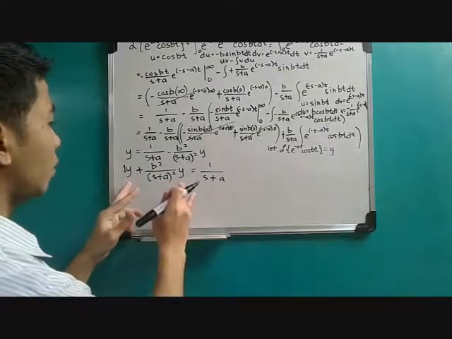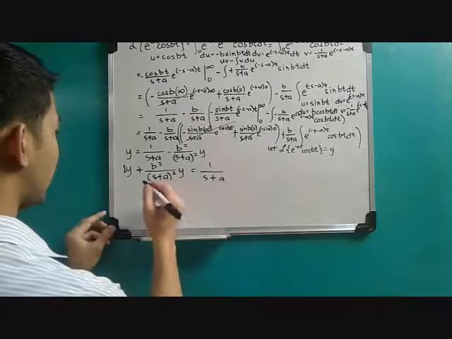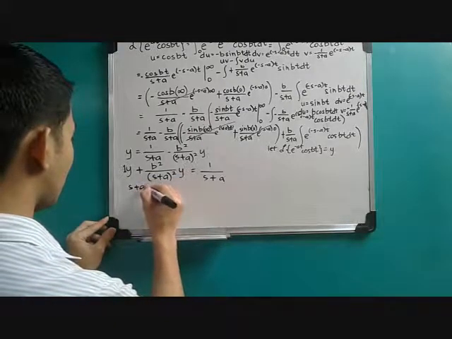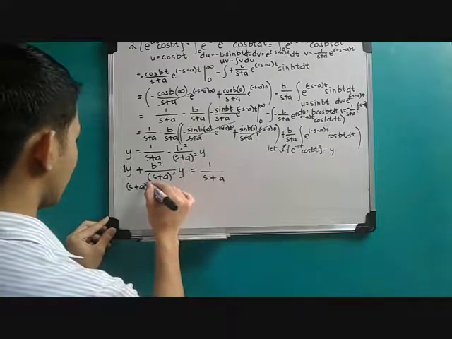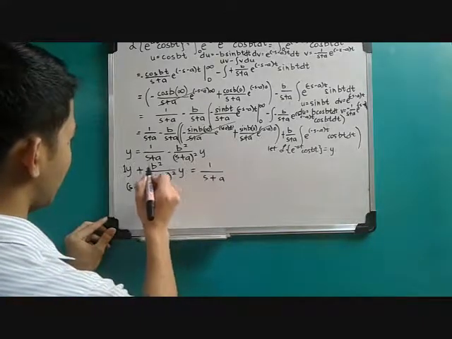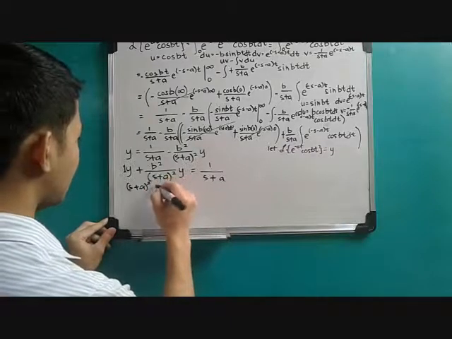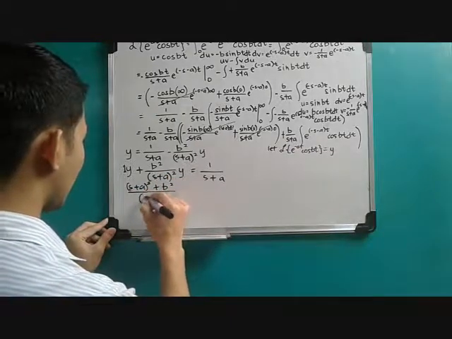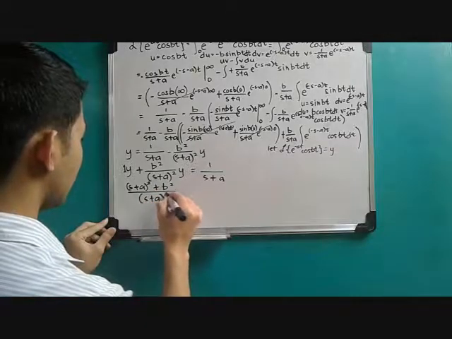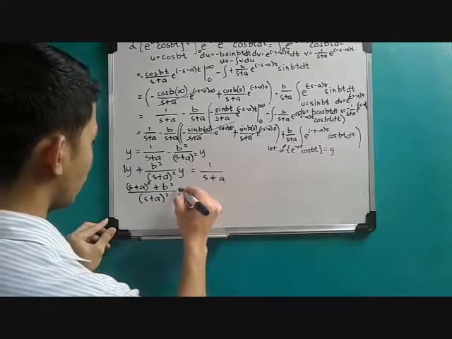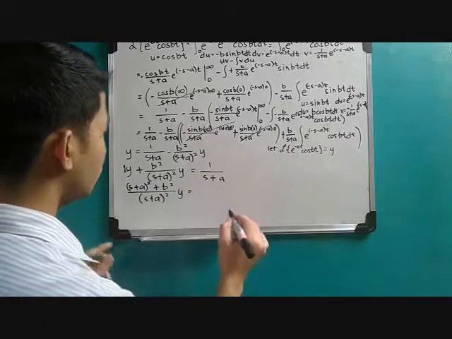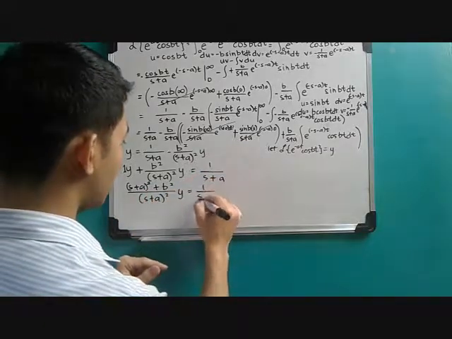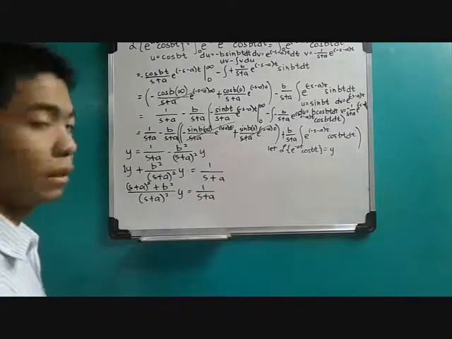So the same variable, you can add this, so this will become quantity s plus a squared plus b squared over quantity s plus a squared times y is equal to 1 over s plus a.